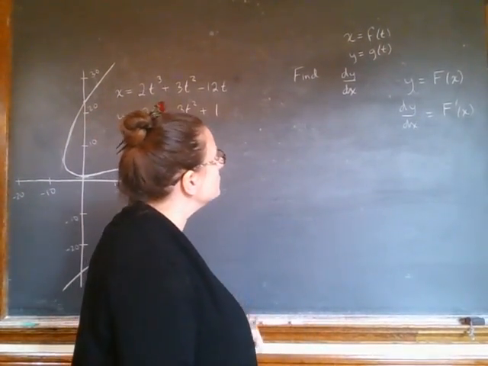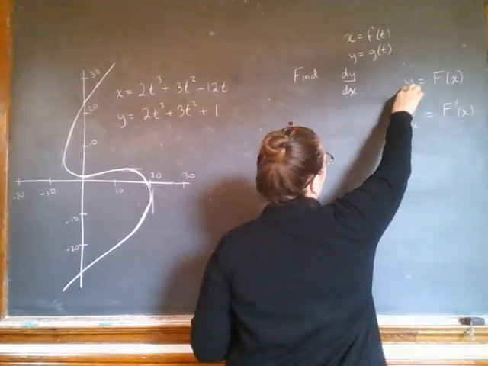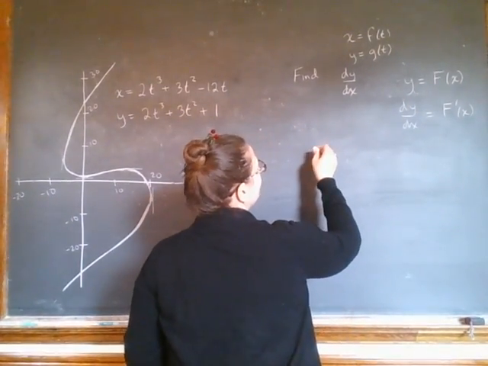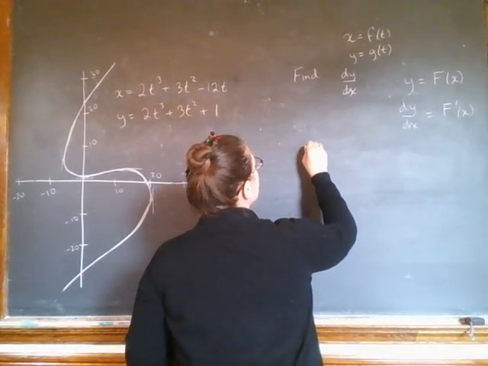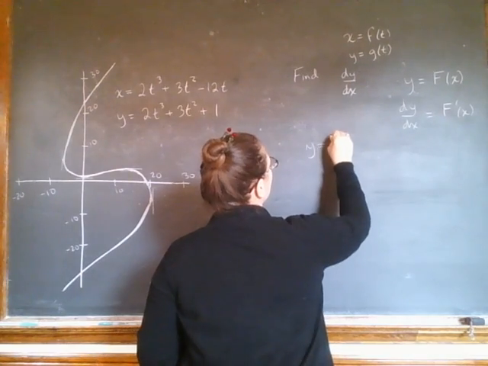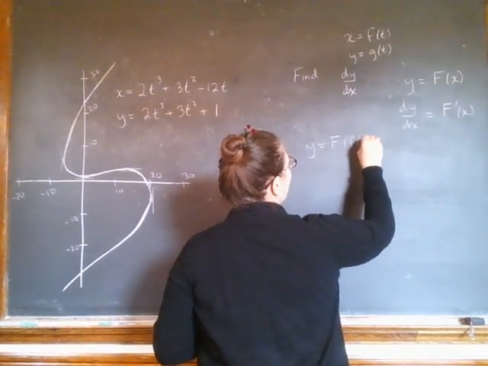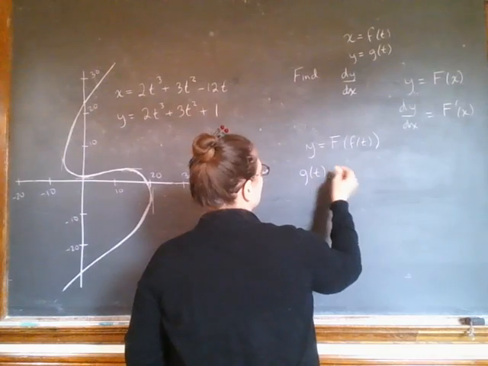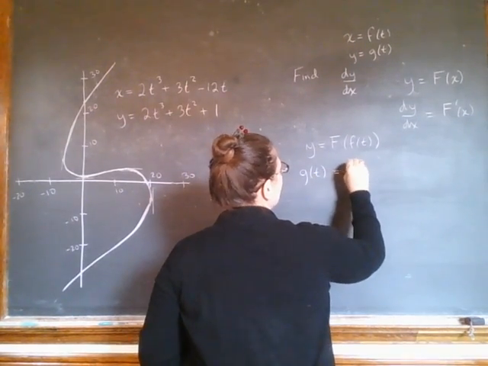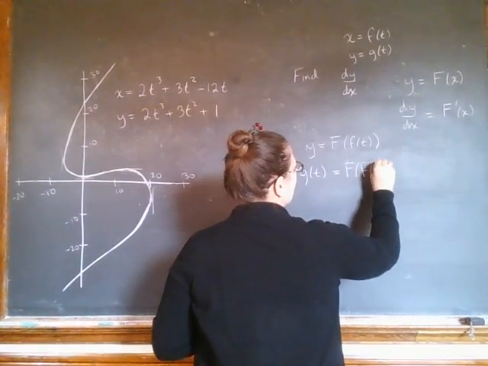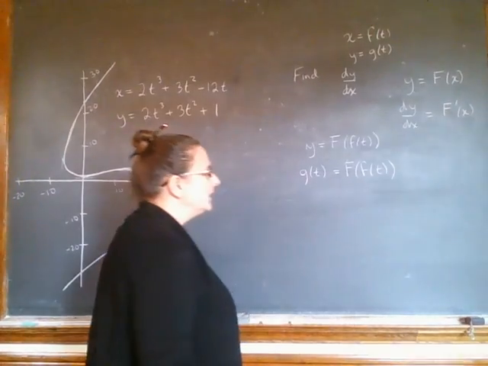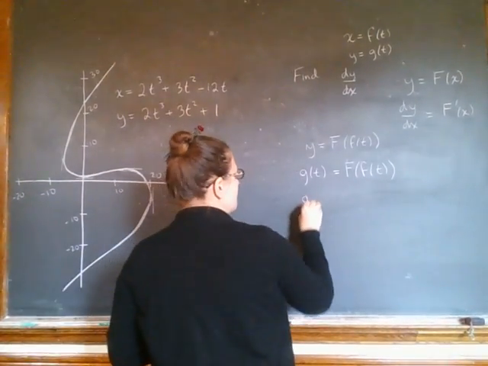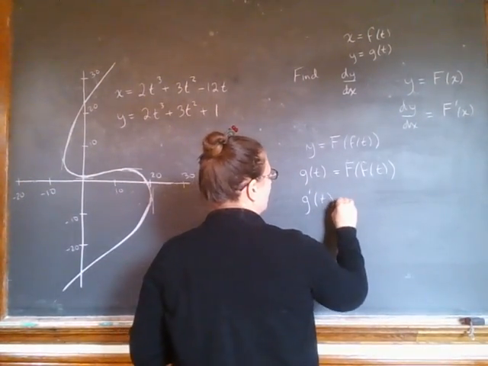So what I can do is take this equation. If I write that in terms of t, I get y equals big F of x, or even better, g of t is big F of little f of t. Now by the chain rule, I just take derivatives of both sides.